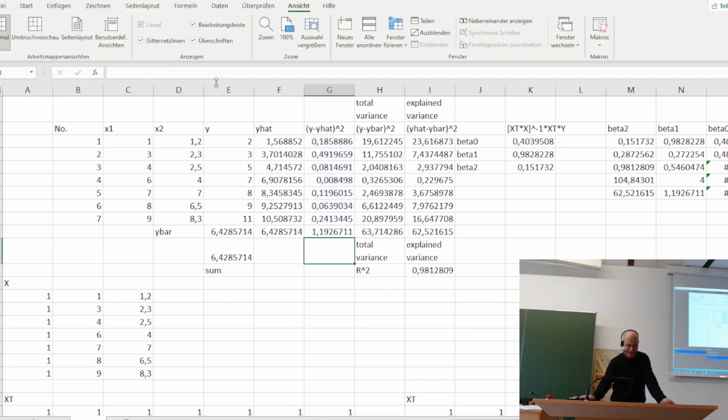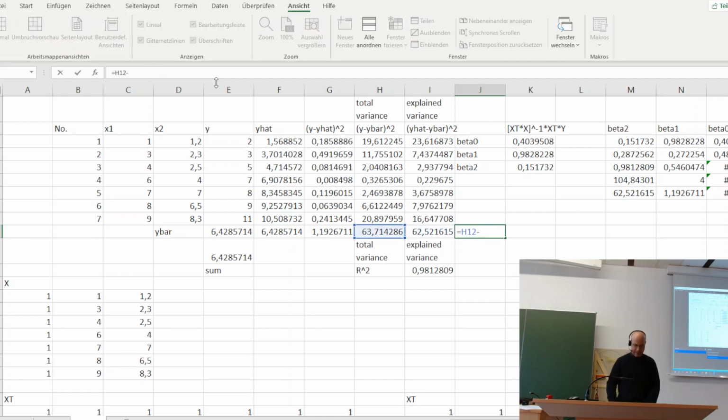So roughly it is. And of course we can check that this has to be the same number, total variance minus explained variance, and of course this is the same. Or what I can also do, this is the right formula, only the sum, and if I copy this here, then of course I also get the same.